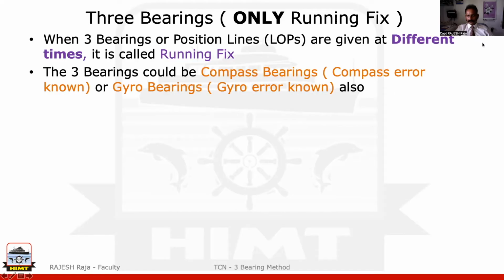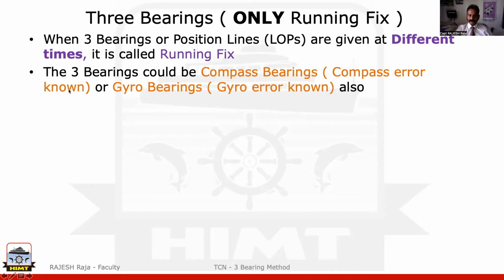Now, what type of data can be given? The three bearings could be compass bearings given in the question paper, and they could be gyro bearings also. But the simplest ones are when they are given as true bearings also. Particularly for this type of problem, if a compass bearing is given, your compass error should be known, which is given to you directly or indirectly.